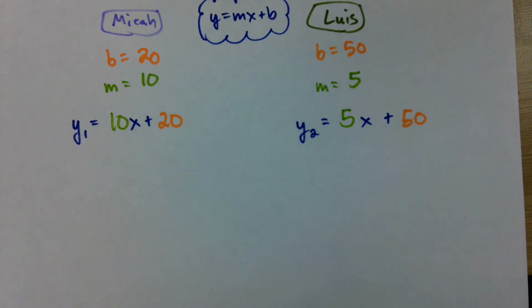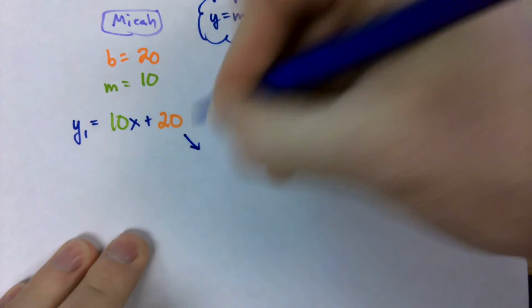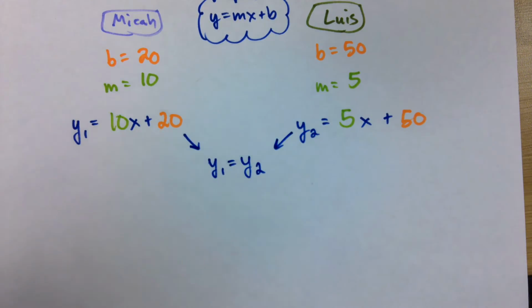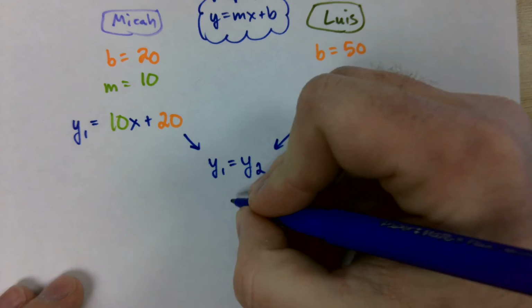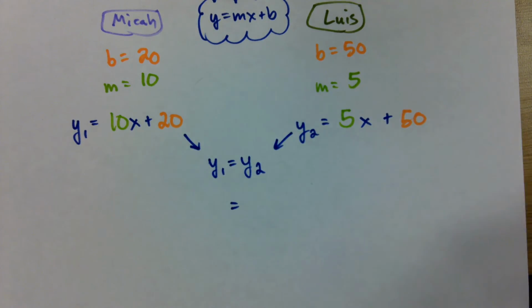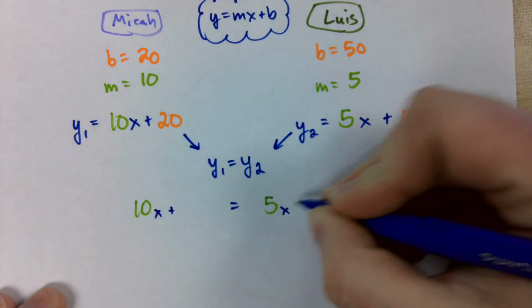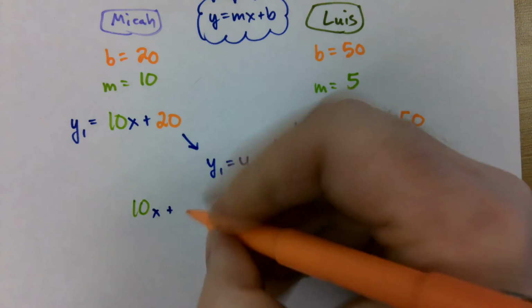All right, now what we're going to do is take these two equations and set them equal to each other. y1 is equal to y2, which means that 10x plus 20 is equal to 5x plus 50.